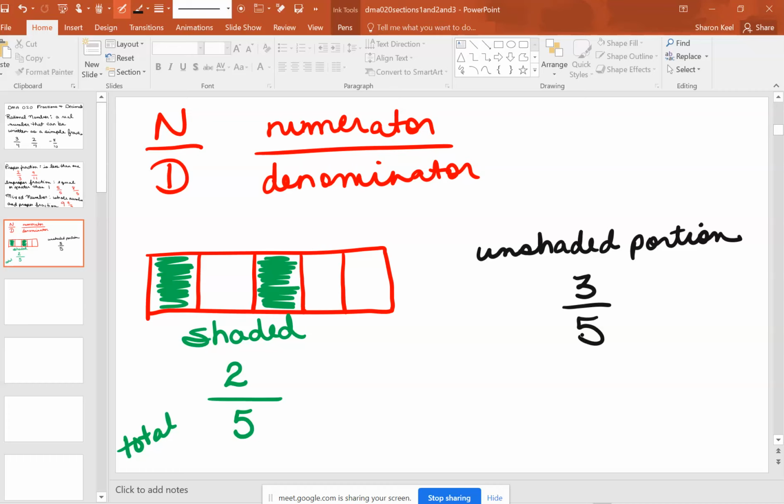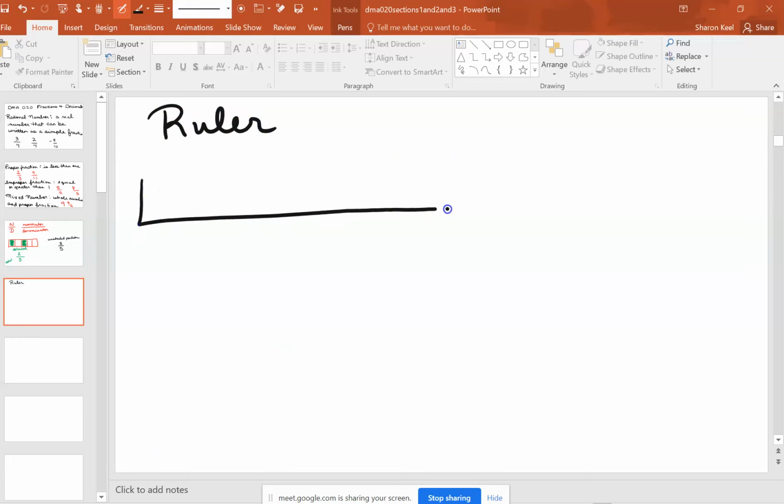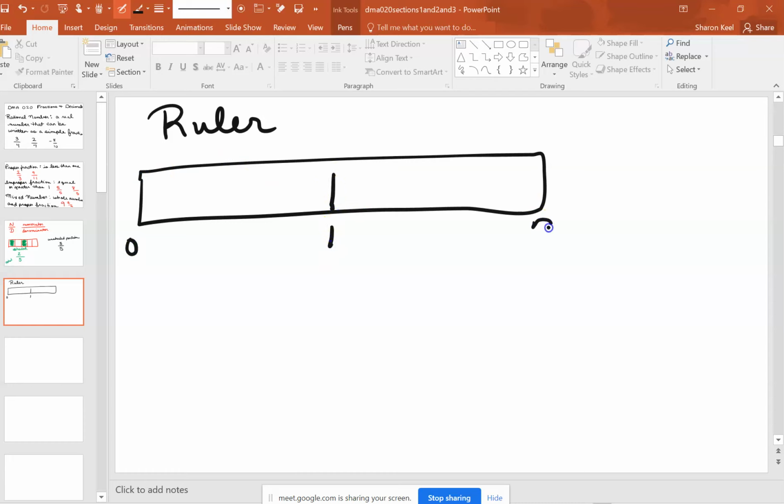When you think about graphing fractions, think about a ruler, okay? So if I have a ruler and this end is the 0, and I'm just going to make my ruler go 2 inches. Okay, 1 inch here and second inch will be here. So when you look at a ruler, you know that it's divided into increments.